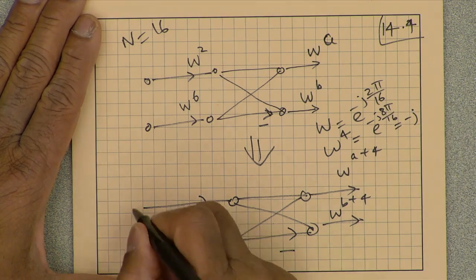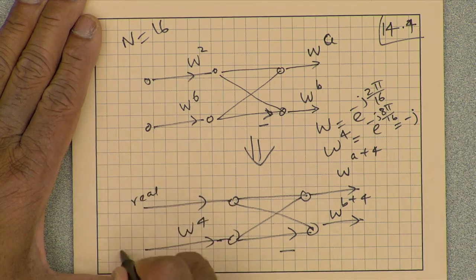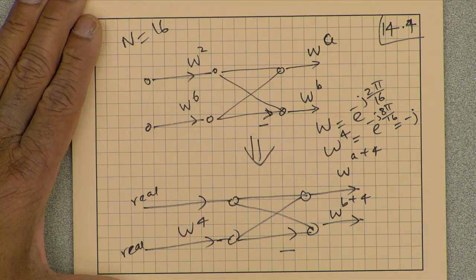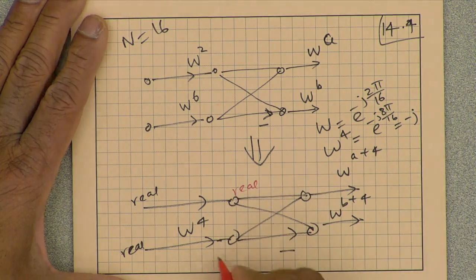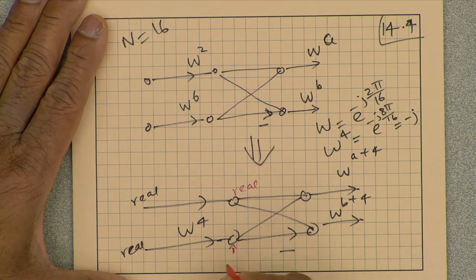Okay, so if this quantity is real and this quantity is real, then you will see that this is still real, but this is multiplied by minus j, so this is purely imaginary.